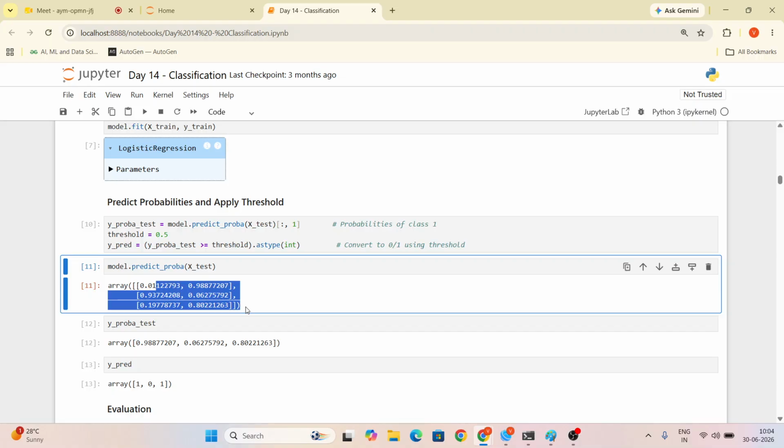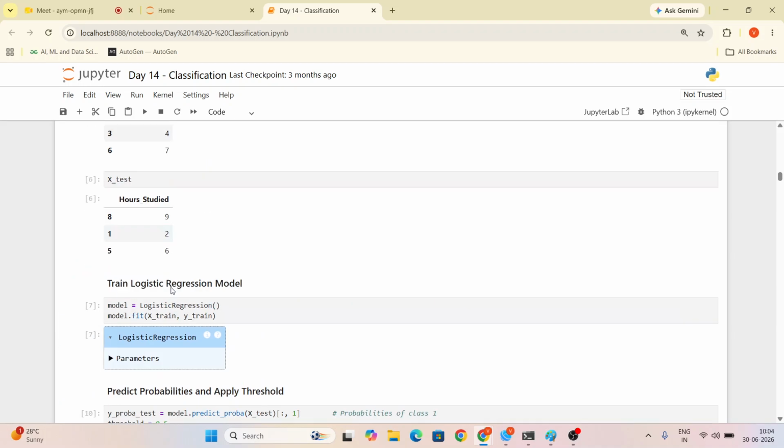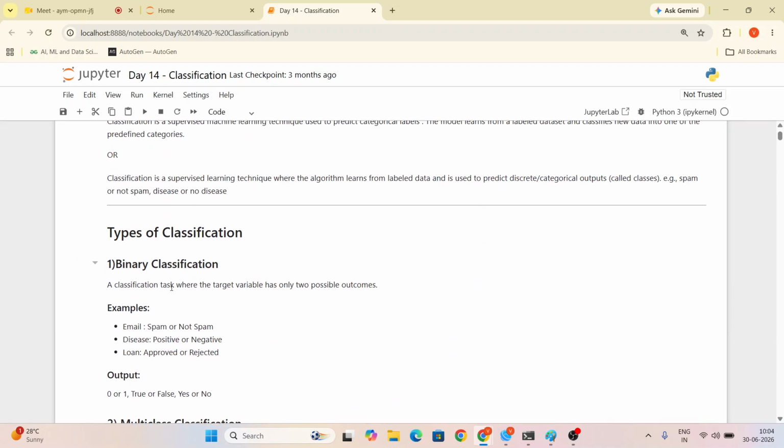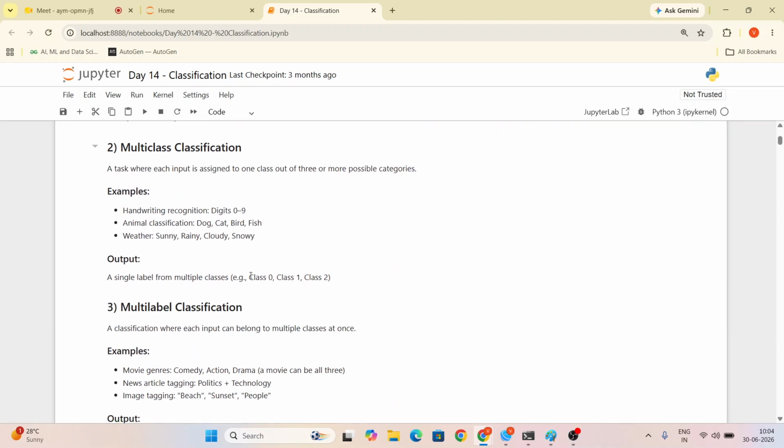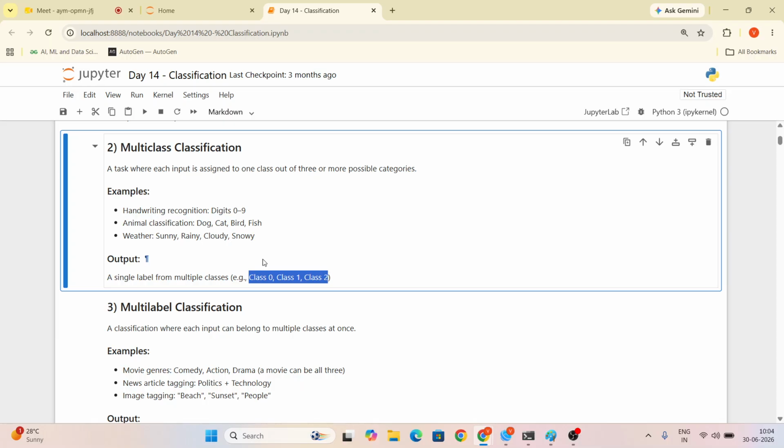No, we'll try it. So guys, we can take class 0, class 1, class 2, depending on the content. How many methods do we have? 4. So this is class 0, this is class 1, this is class 2, this is class 3. If you want to check the rainy, which class are you selecting?